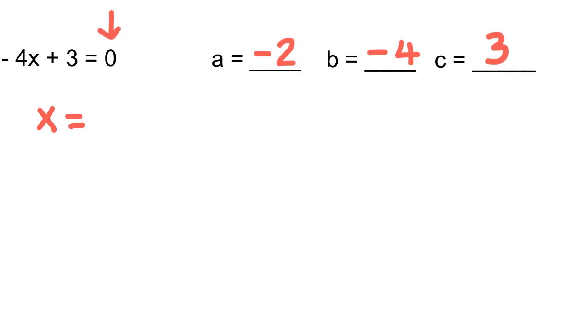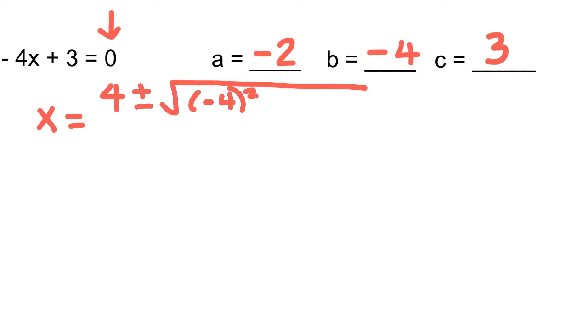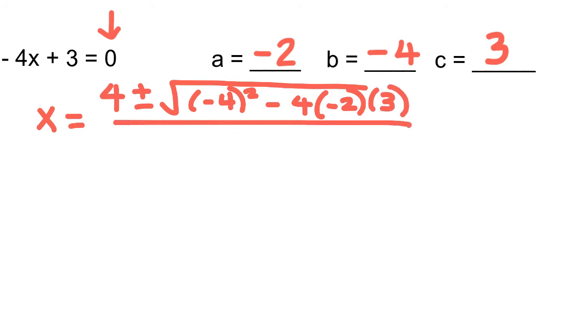Well, the opposite of b is 4, plus or minus the square root of b squared. Be sure to put it in parentheses this time, because that's positive 16, not negative 16. b squared minus 4ac, all over 2 times a.